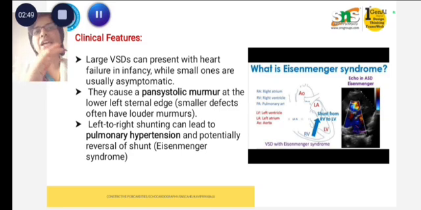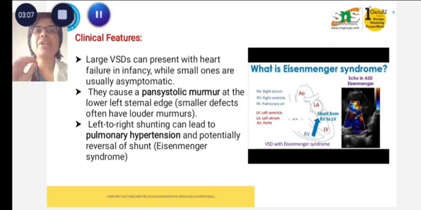Initially it is a left to right shunt, but later it turns to a right to left shunt. Right to left shunt means deoxygenated blood gets mixed with the oxygenated blood.